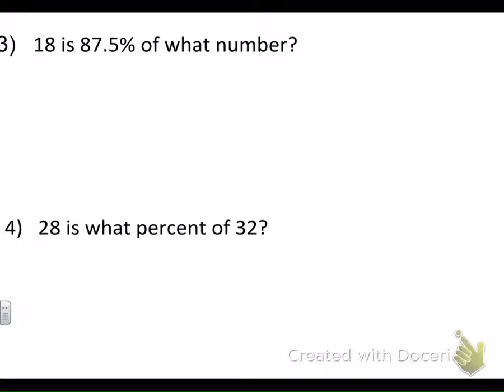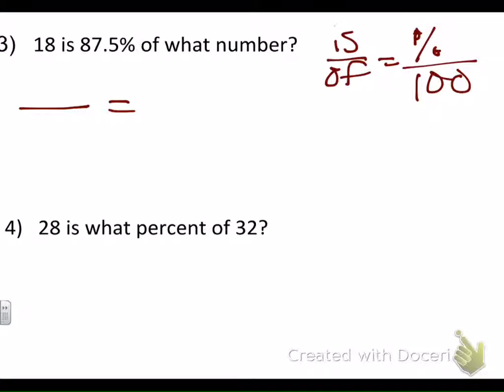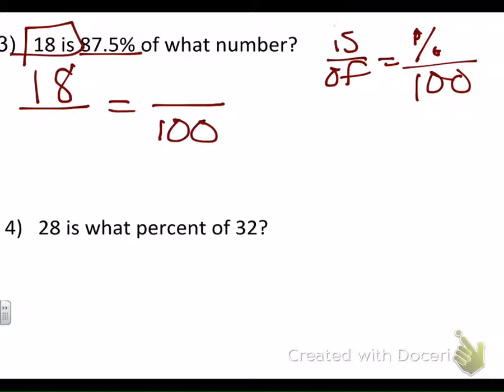Alright, 18 is 87.5% of what number? So is over of equals percent over 100. So 18 is, so that's our is. We're given the percent, 87.5, so the x goes down here.